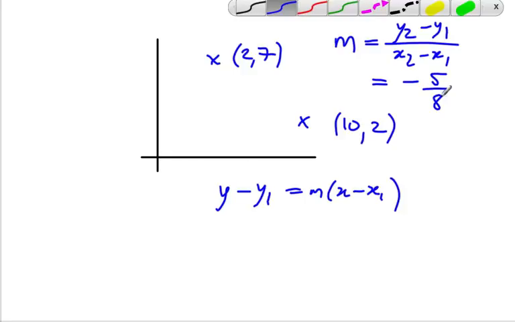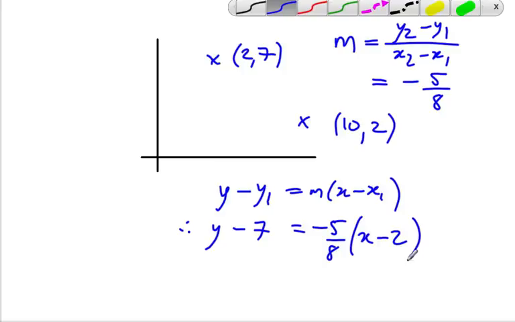So therefore we just go to our formula and go, let's use that one just for the hell of it, the 2, 7. Therefore y minus 7 equals -5/8 (x minus 2). We've just substituted into the standard formula, and we chose this guy, the top point here, as being our x1, but it makes absolutely no difference.